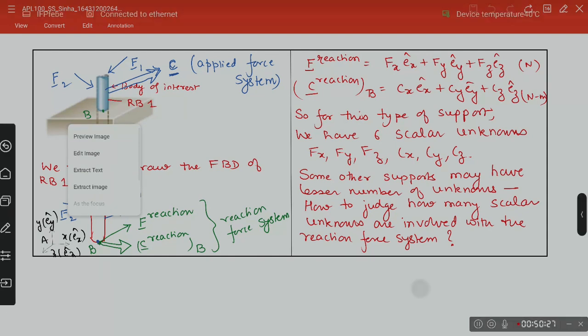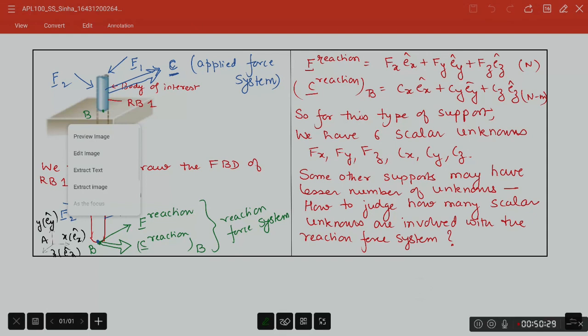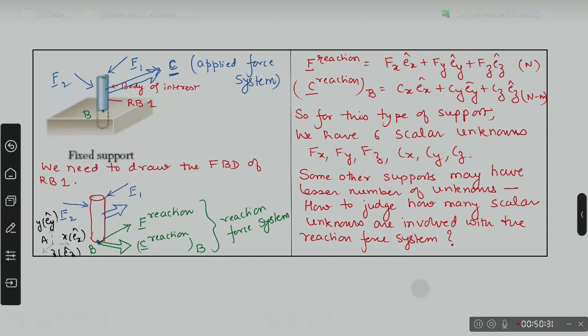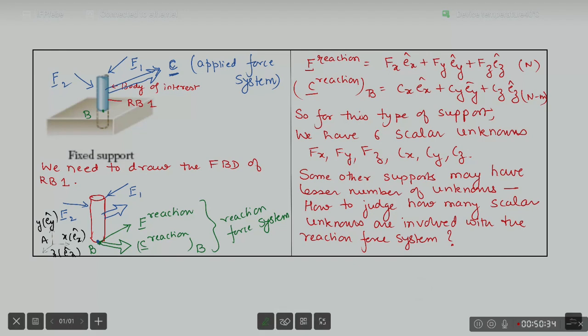You ask, if I try to push B, so B belongs to RB and B is at the interface of RB and support.